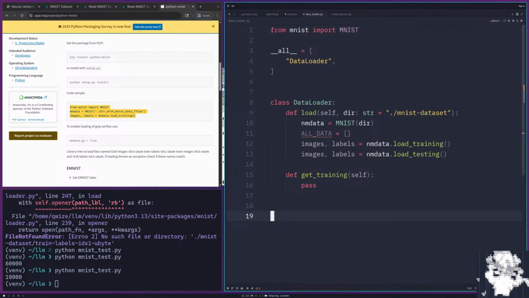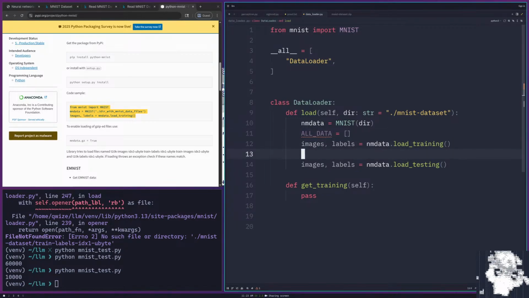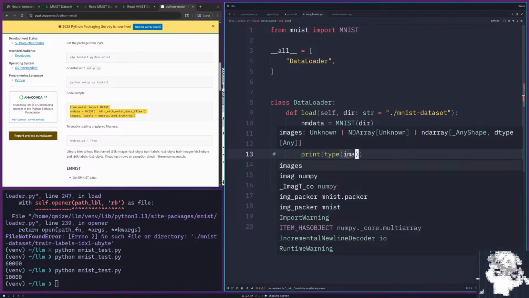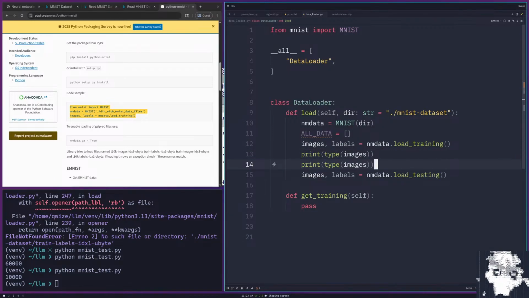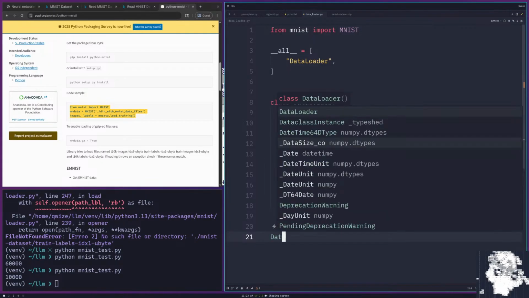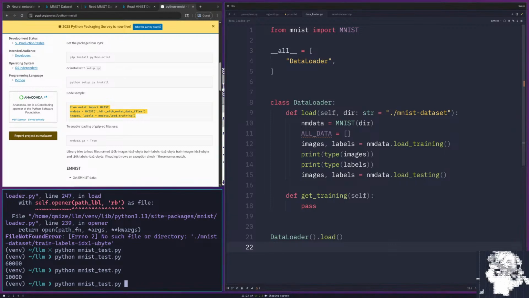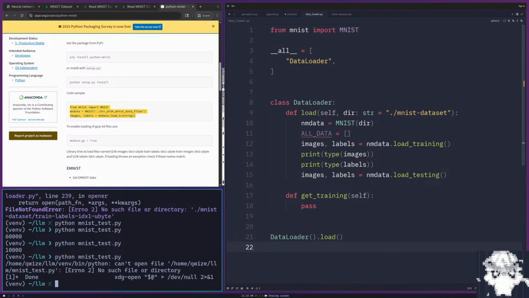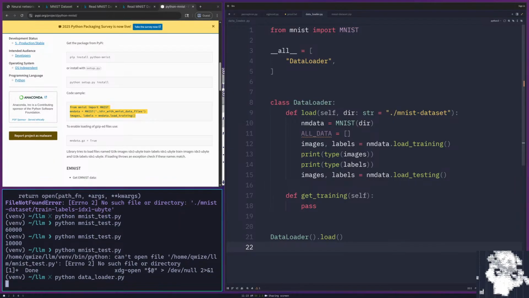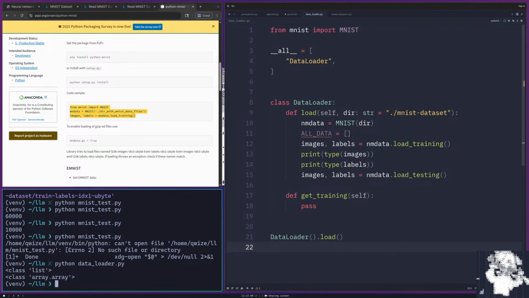So print type of images and type of labels, and then just do data loader dot load. It's not called MNIST test anymore, it's called data loader. It's a list and an array. A list of what though?